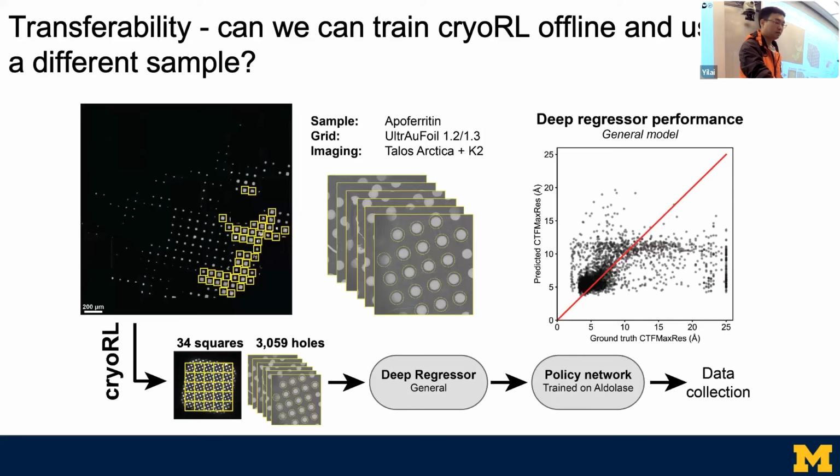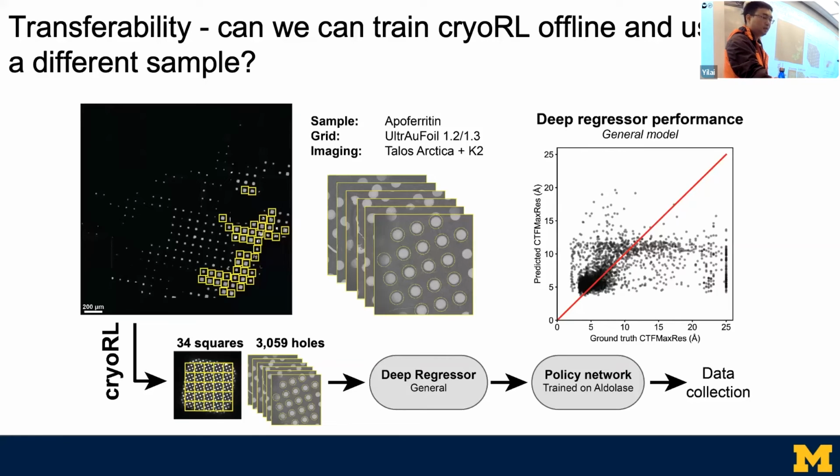And here we use the deep regressor, which is a general model that I introduced before, trained on over 100,000 images. And we also use the policy network, which is trained on the other data set I showed before. So both models are transferred from another data set, and this is the deep regressor performance from the general model.